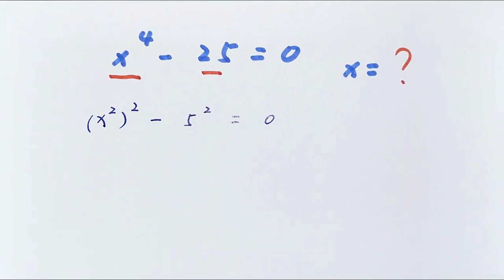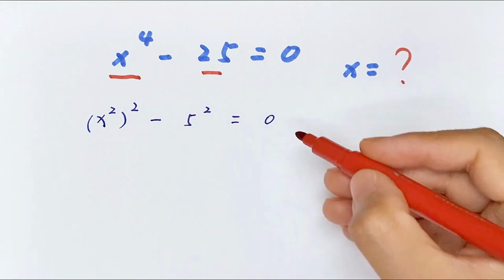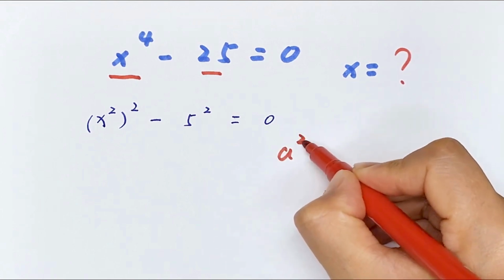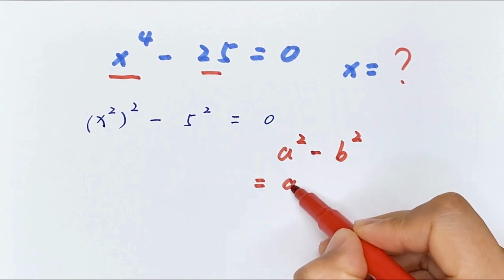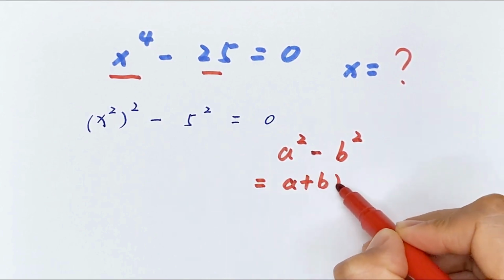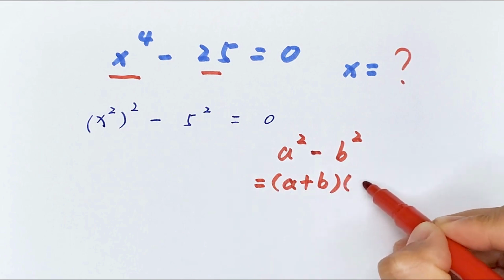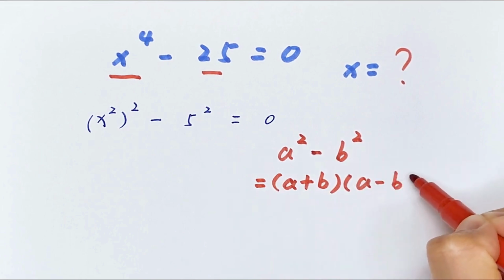Now this equation is a difference of perfect squares, so we apply this rule: a squared minus b squared is equal to (a plus b) times (a minus b).